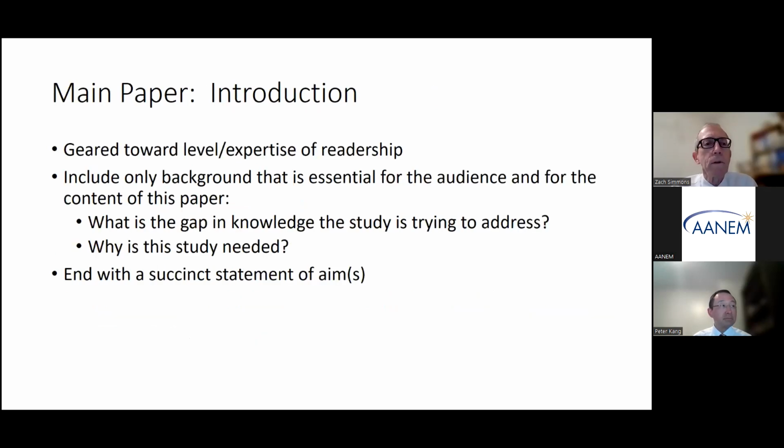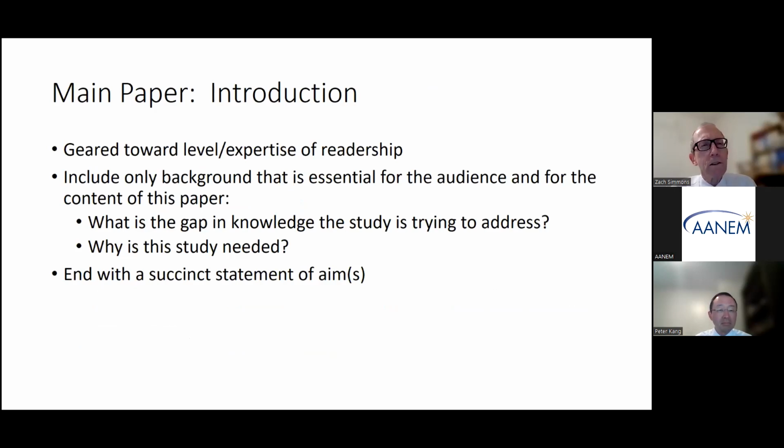Okay, next slide, please. So when looking at the main paper, what to look for. The introduction really should be geared toward the level and expertise of the readership. So if one is submitting to a subspecialty journal such as Muscle and Nerve, it should include only the background information that's essential for the audience and for the content of the paper.